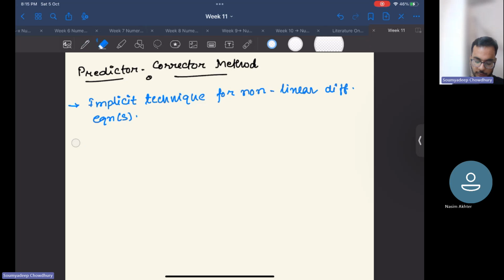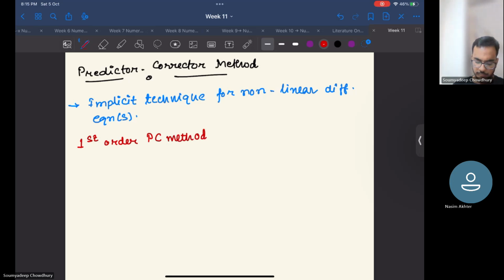So now we'll look into the first order predictor corrector method.